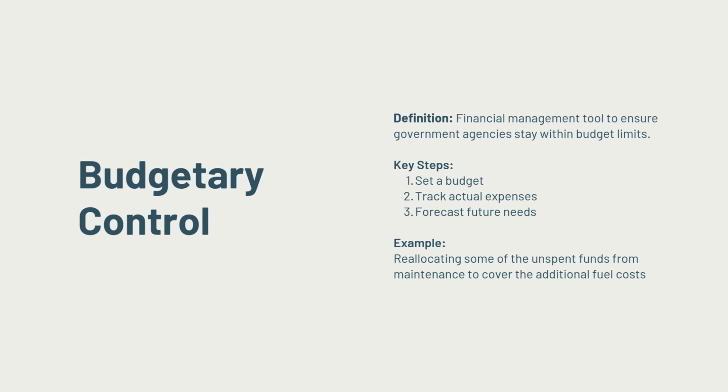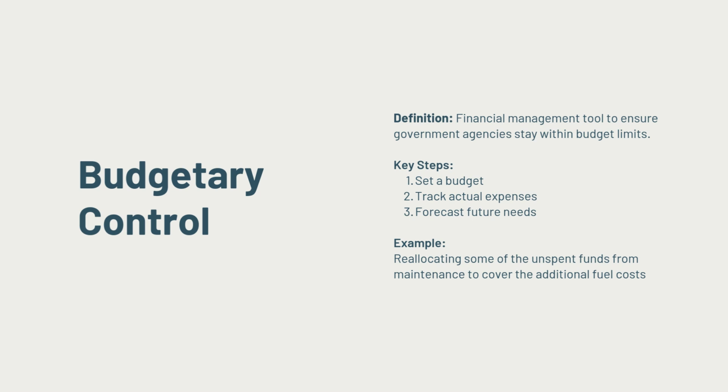Third, variance analysis is a critical tool in budgetary control. It involves comparing the budgeted amount with the actual spending and identifying the reasons for any variances. For example, if a project is running over budget, variance analysis can help pinpoint the cause, such as unforeseen costs or inefficient resource allocation.